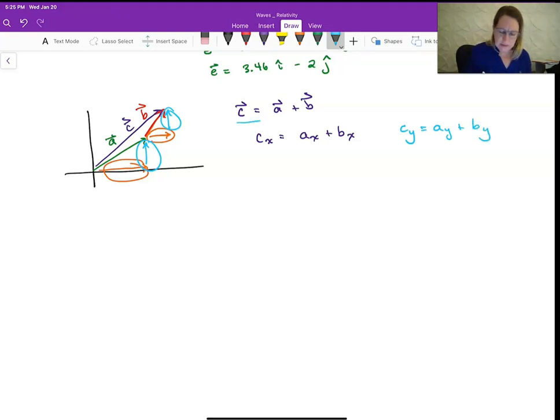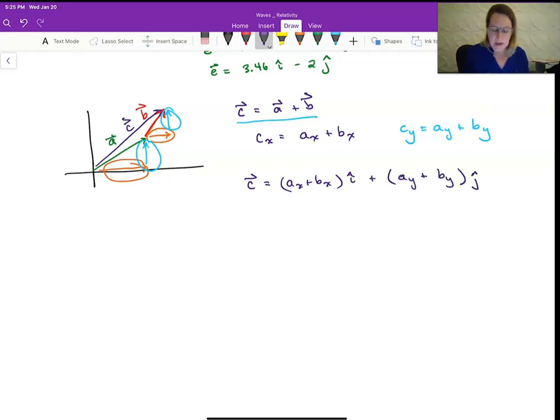So when C is the sum of these, what it really means is that we add the components. And so C becomes Ax plus Bx in the i hat direction plus Ay plus By in the j hat direction. And if B had pointed down, for example, had a negative component, we'd have to make sure to build that negative sign in.